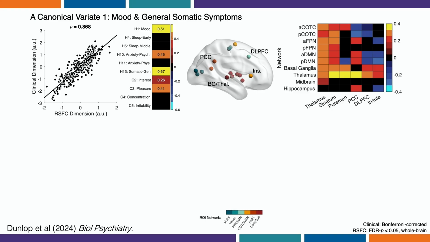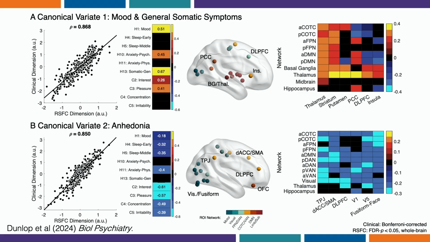This particular dimension was associated with basal ganglia and thalamic connectivity, as well as top nodes in regions like the posterior cingulate and dorsolateral prefrontal cortex. The second dimension was related most specifically to anhedonia, with the top loadings you can see second to the left.